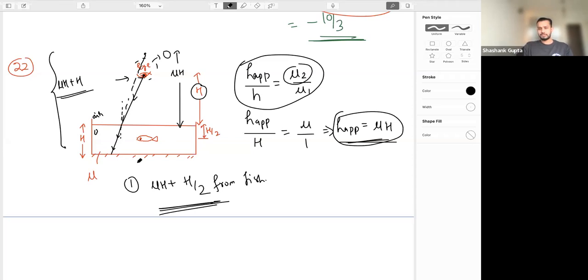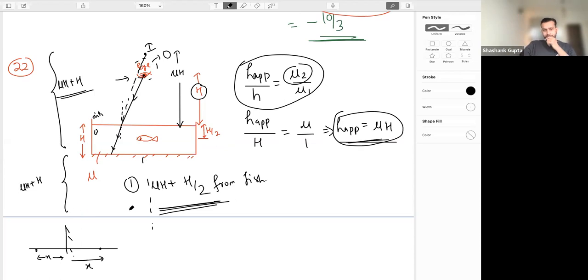Is that clear till here? The answer hasn't come yet. What have we studied about the mirror? Suppose this is distance x, the image will be formed exactly opposite, at the same distance. If this is x, the image will be formed on the opposite side at x. So if this is mu h plus h from the mirror, the image of this object, let's call it I, will be formed at exactly the opposite distance, mu h plus h.